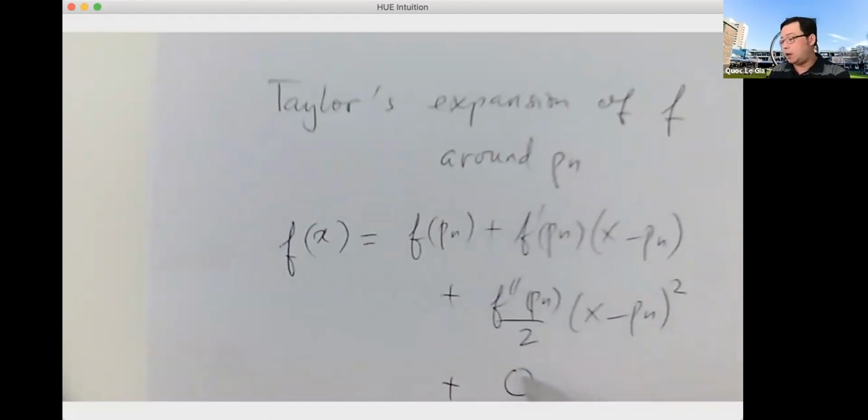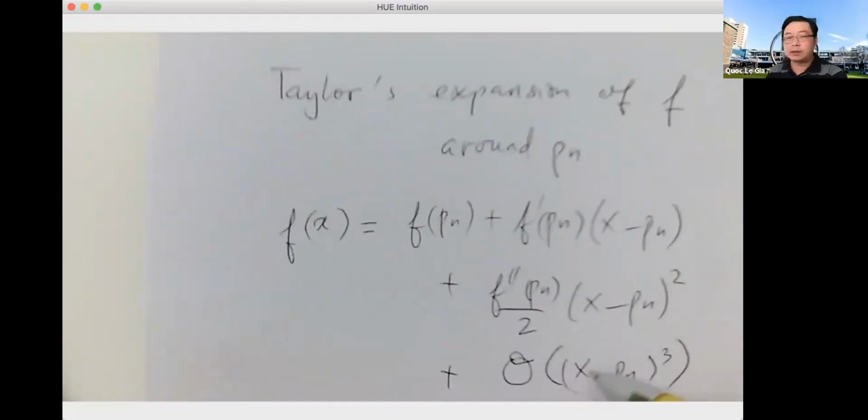So I just put it as big O of (x minus Pn) cubed. This is big O notation, it's not zero. It's just an umbrella saying that the next term will be of order (x minus Pn) cubed.